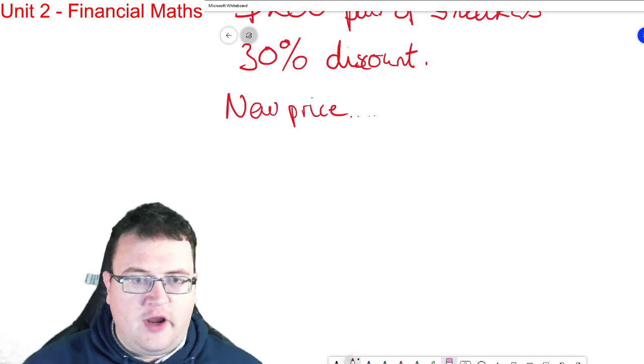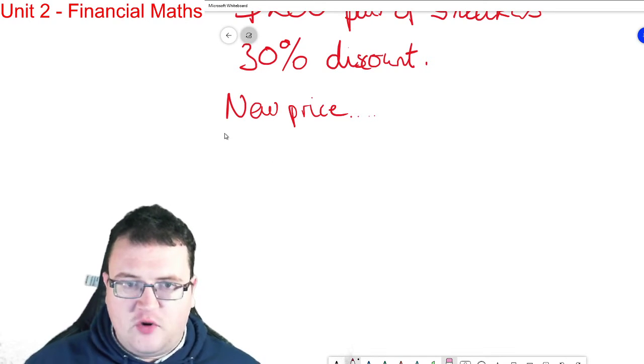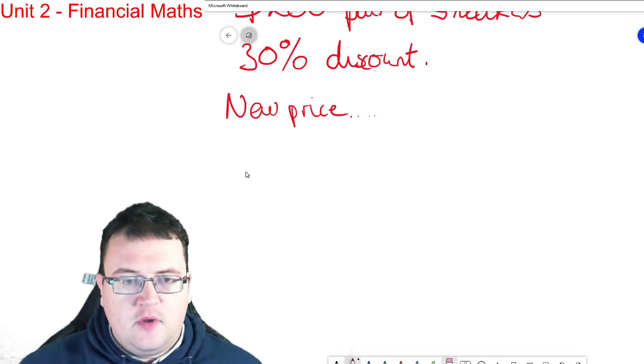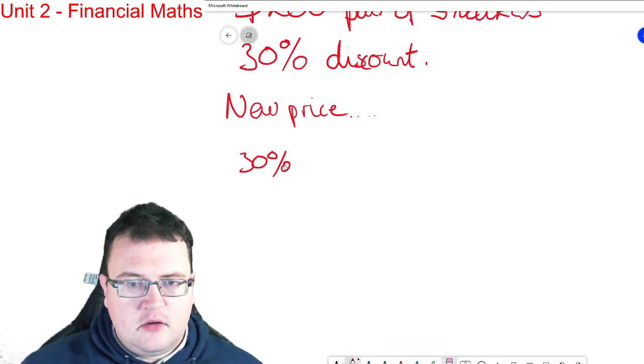by first figuring out what percentage of the old price is the new price. So first things first, let's turn 30% into a decimal. 30% becomes 0.3.